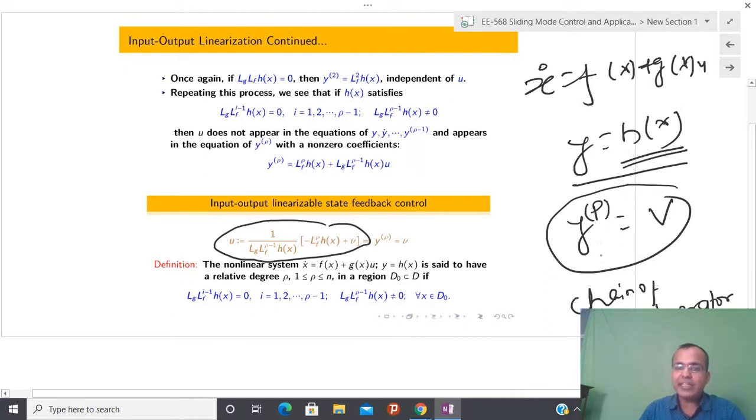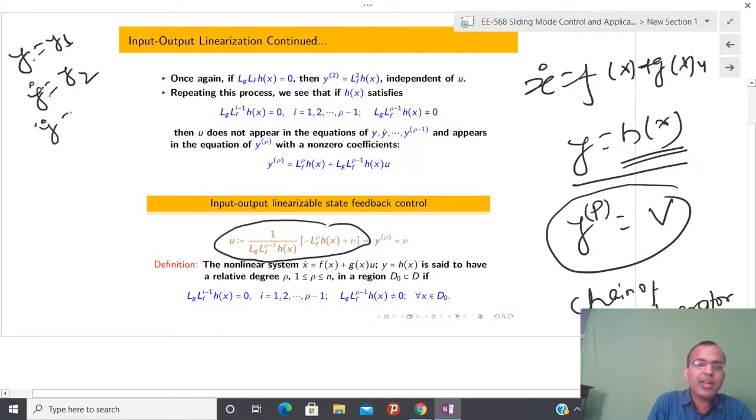And the chain of integrator form: why are we calling it that? You can assume y as y1, y dot as y2, y double dot as y3, with this kind of definition.